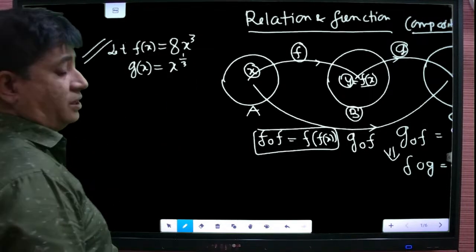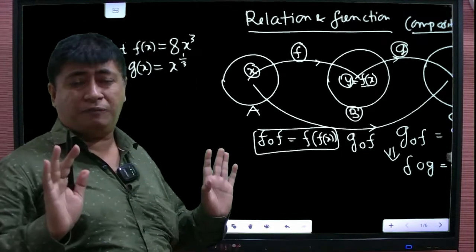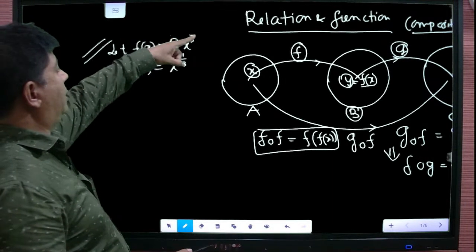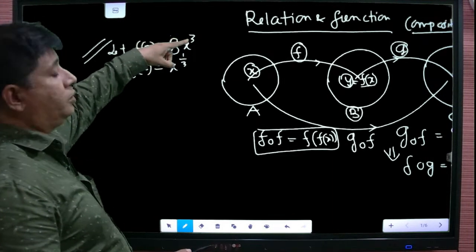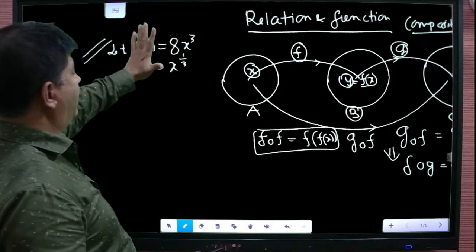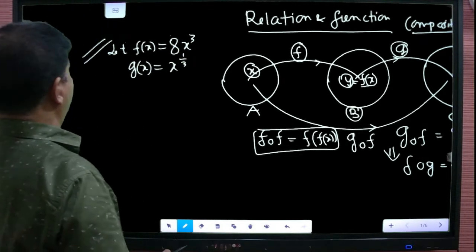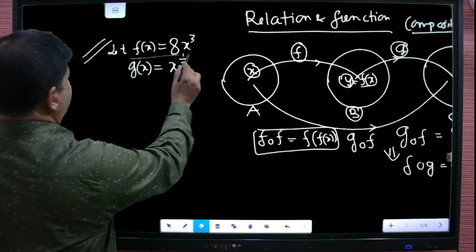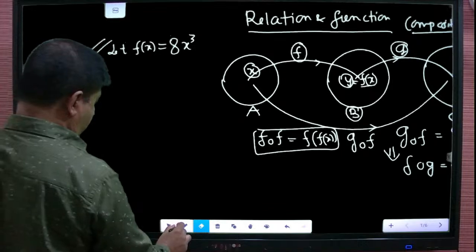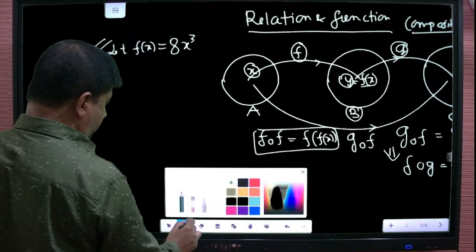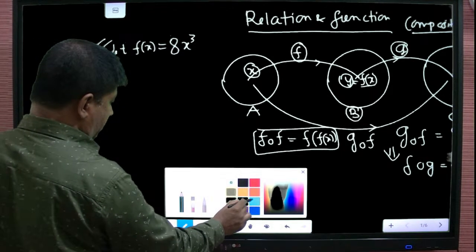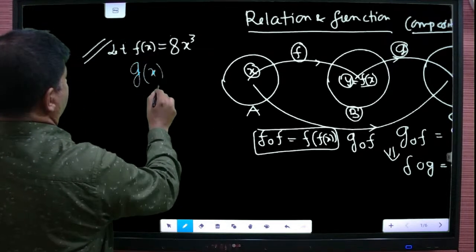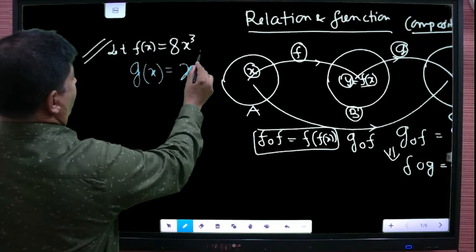Two different functions, two different functions are represented by two different algebraic expressions. Now, a little bit clumsy. g(x) is x to the power 1/3.